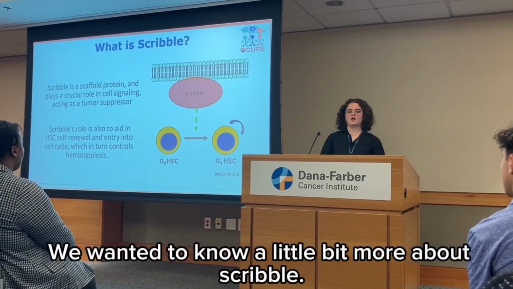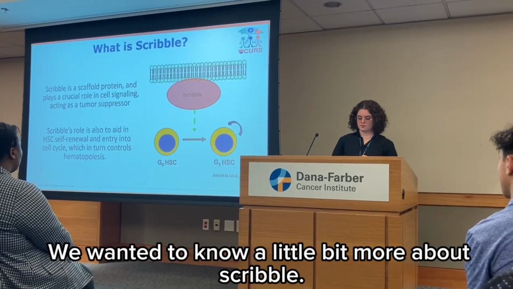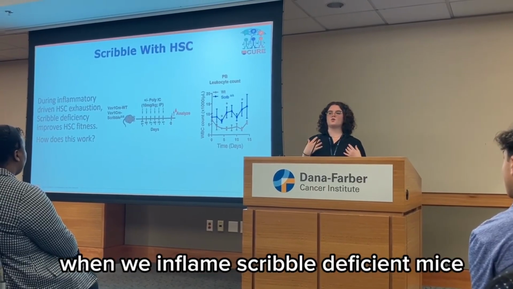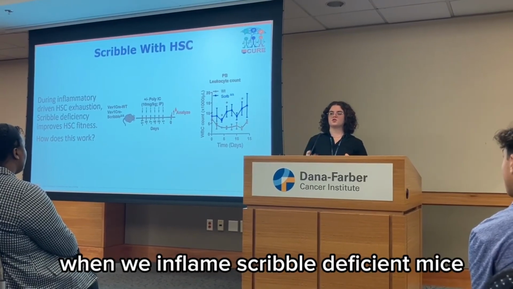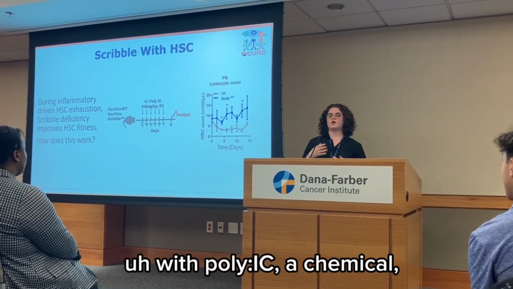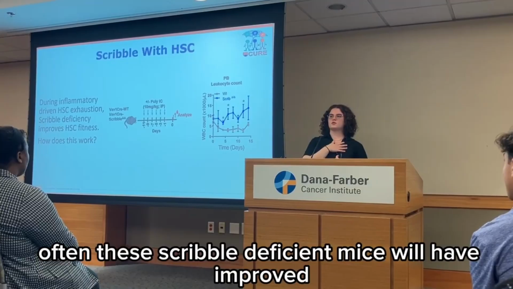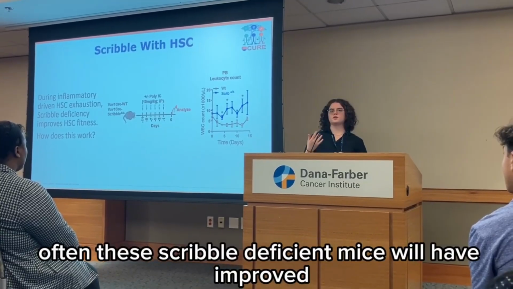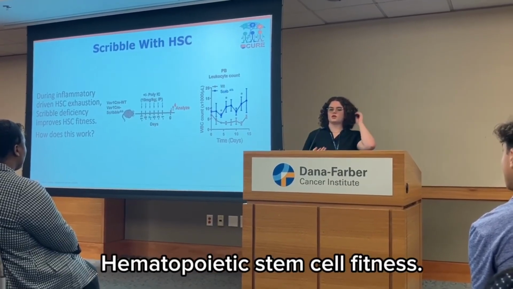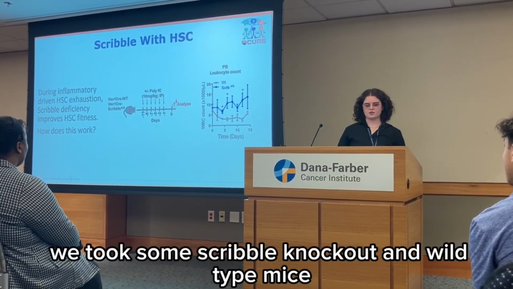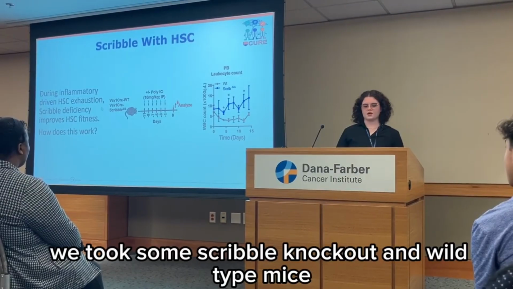We wanted to know a little bit more about scribble. In the past, our lab has found that when we inflame scribble-deficient mice with poly-IC, a chemical, often these scribble-deficient mice will have improved hematopoietic stem cell fitness. So as you can see here, we took some scribble knockout and wild-type mice.